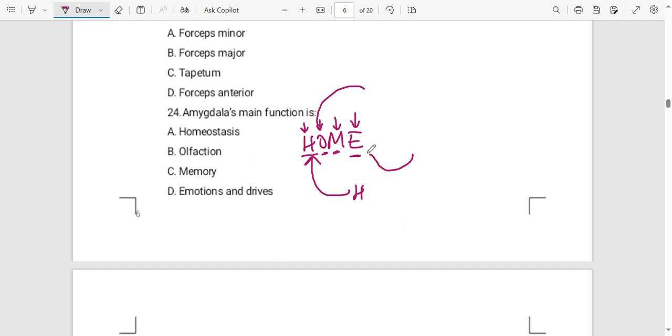Who plays a role in emotion? The amygdala. Who plays a role in memory? Hippocampus. And then who plays a role in olfaction? It's the uncus and some other parts.